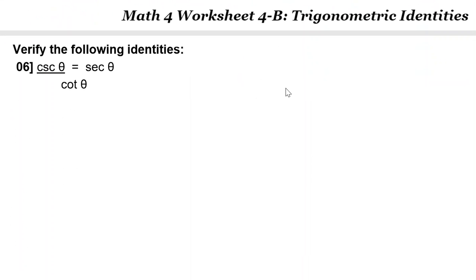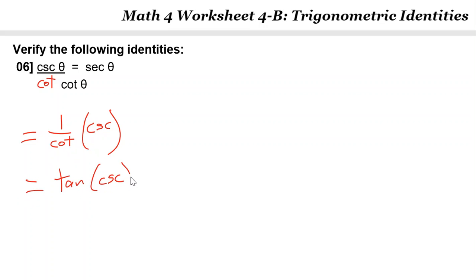All right, that cotangent is supposed to be over here. And so we're going to take these and try and turn it into a secant. Now, I'm going to rewrite this as 1 over cotangent times cosecant, which 1 over a cotangent is the same as tangent times cosecant.